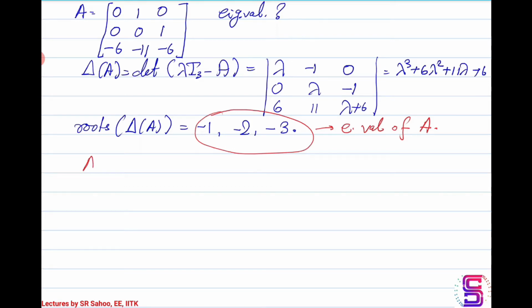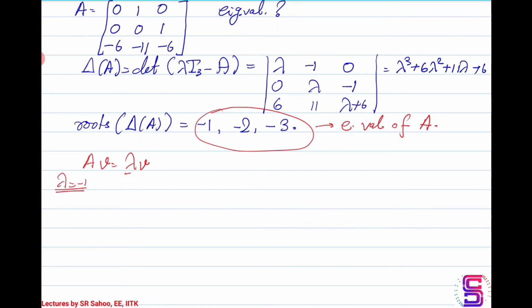Now once you have these eigenvalues, how do you find the corresponding eigenvector? For this, we'll resort back to the fact that Av is equal to lambda v. We'll first solve it for lambda equal to minus 1.